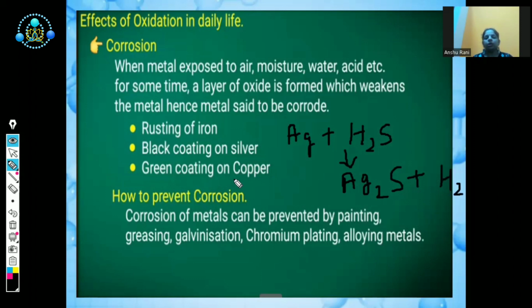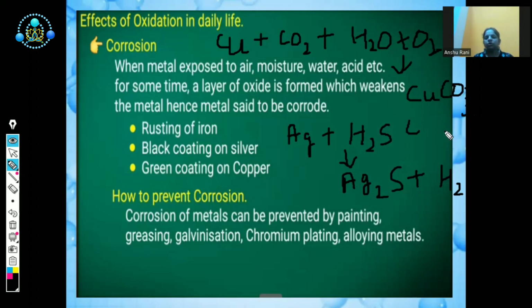Then you are having green coating over copper. Copper metal when exposed to carbon dioxide, oxygen and water gets an alkaline coating over its surface. That is formation of alkaline copper carbonate, CuCO3.Cu(OH)2.